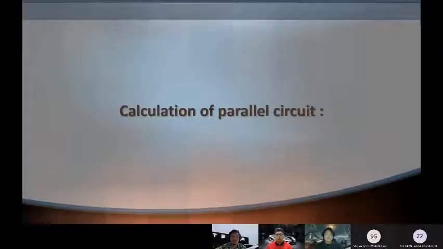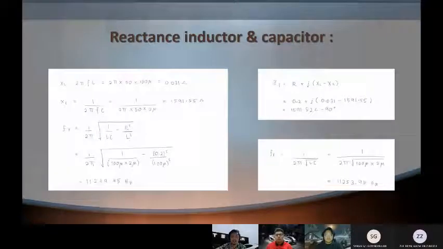This is the calculation of the parallel circuit. So this is the reactance of the inductor and capacitor. XL, the inductor reactance, is 2 pi FL. We key in the data: 2 pi times 50 times 100 micro, which equals 0.031 ohm.